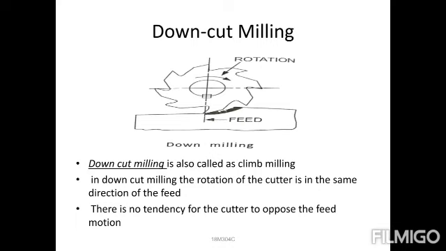In downcut milling the rotation of the cutter is in the same direction as the feed, so there is no tendency for the cutter to oppose the feed movement. Both are moving in the same direction. Thus more power is available for cutting the metal in down cutting, right?